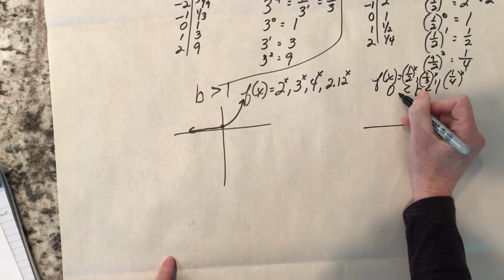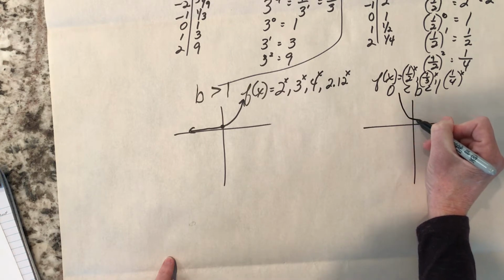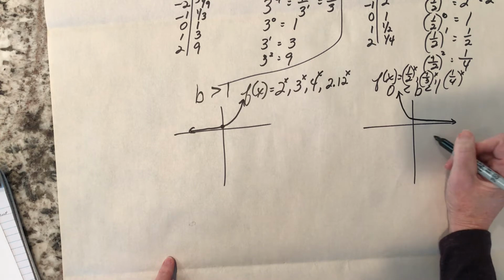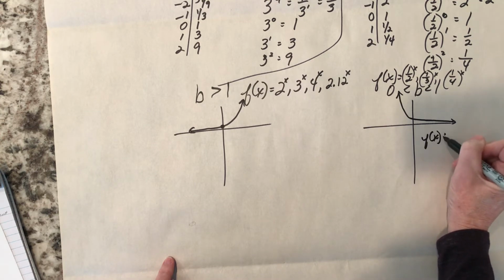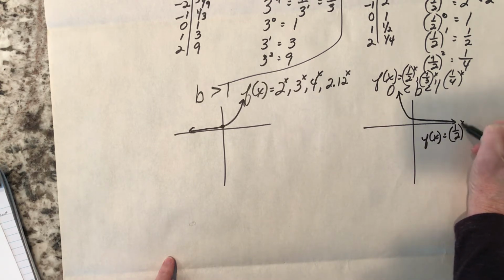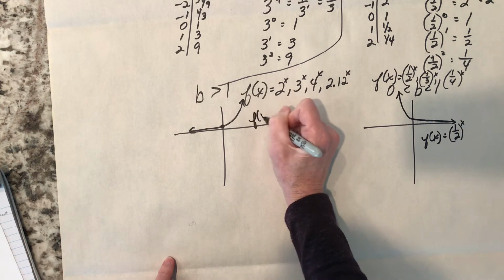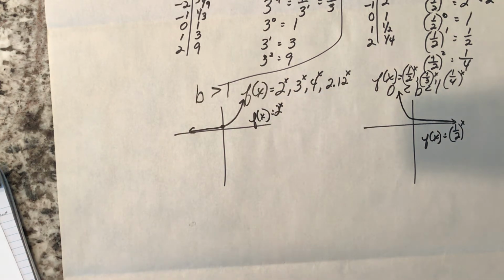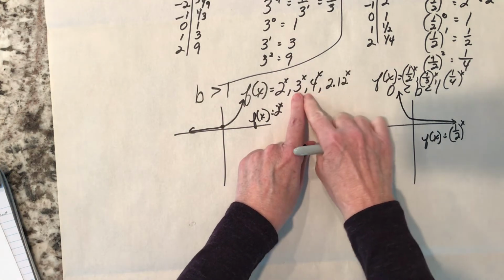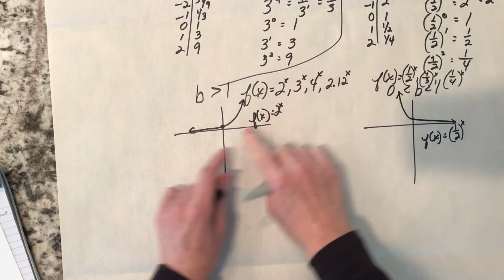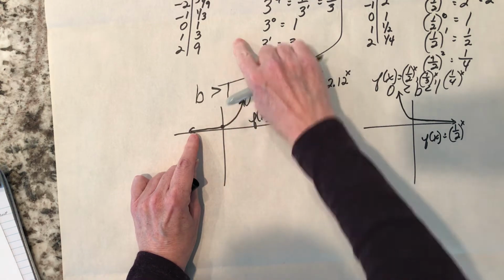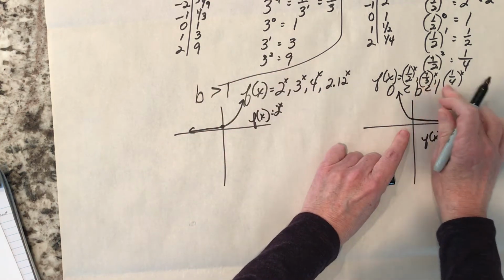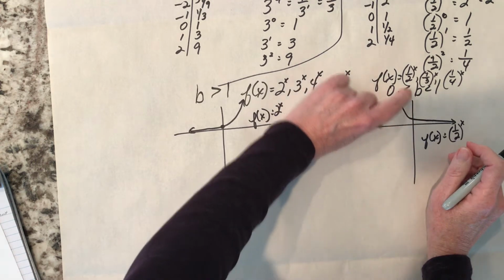It's going to go through 0, 1 and hug the x-axis. So this would be, for instance, f of x equals 1/2 raised to the x power. This would be f of x equals, for instance, 2 to the x power. The bigger this number, 3, 4, 5, 6, 7, 8, 9, the steeper the climb will be. Similarly, 1/2, 1/3, 1/4, they're going to hug in here.